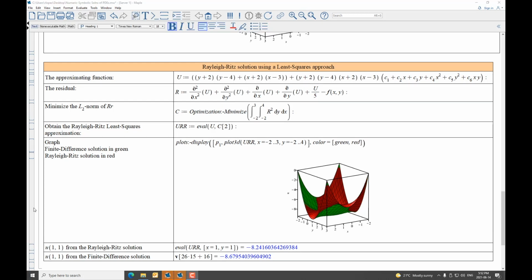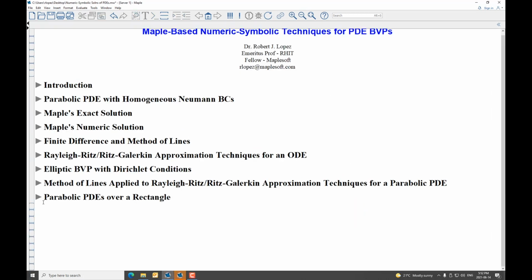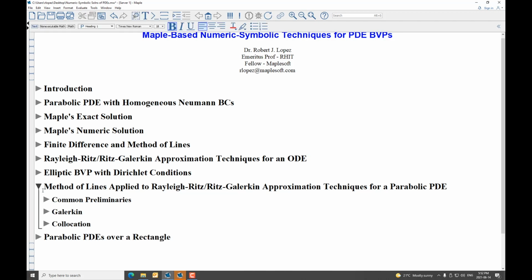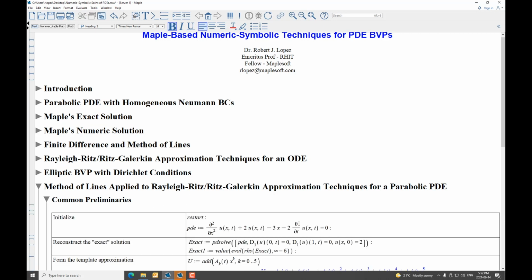Now, let's see this same parabolic problem that we solved with finite difference. And let's look at it with these other approximation techniques, the Ritz-Galerkin type techniques. There'll be some common preliminaries.